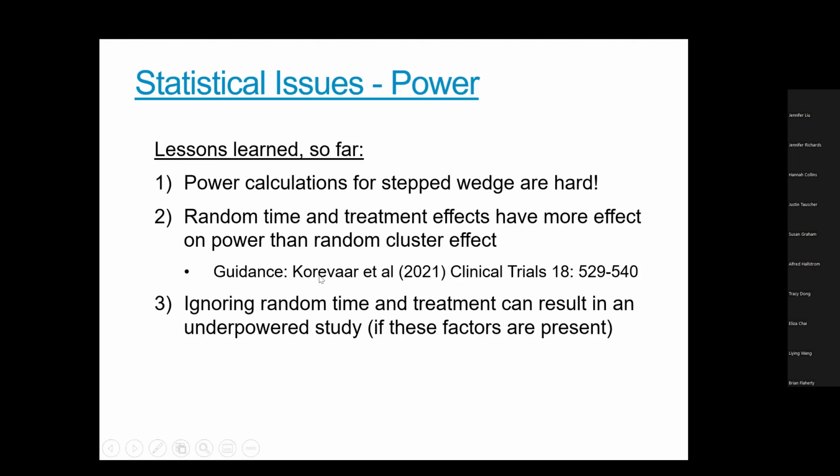And fortunately, this new publication gathers results from, I think, 40 trials and gives information on what the values of the time and treatment effects are for various settings, for various fields of study. That can be really helpful when I'm planning a trial, to know what would be reasonable values to use. This reference as well as the one at the end of this talk. But a warning: ignoring these random time and treatment effects can result in an underpowered trial.